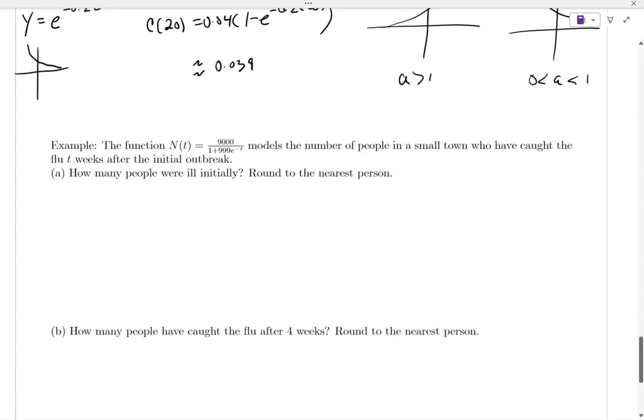So we've got the number of people in a town that caught the flu. Okay. This one's asking us how many people were sick initially. How many people of the initial outbreak had the flu? Well, what do you plug in for t if you're looking for an initial amount? 0, right? So in this case, we'll want n of 0.